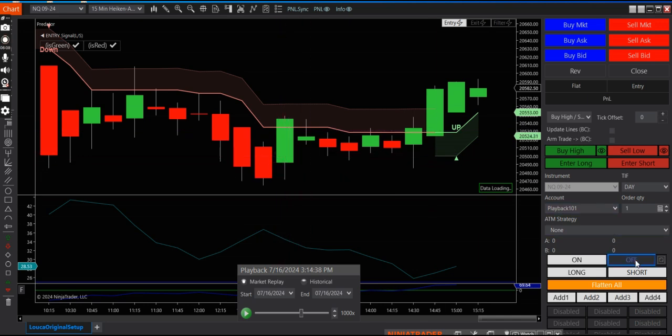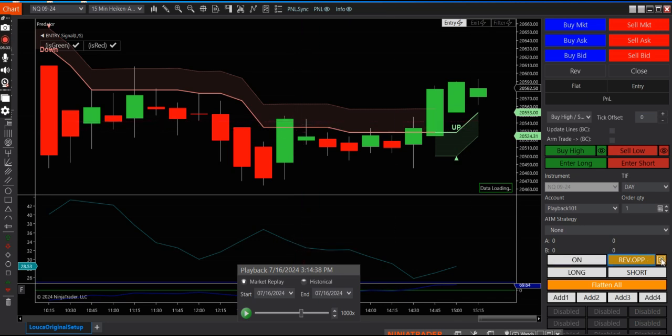So I have reversal, I have that off, I have that on, reversal opposite, reversal. Reversal opposite basically means that if you're in a trade and it detects the same condition going in the opposite direction, then it will take that trade.